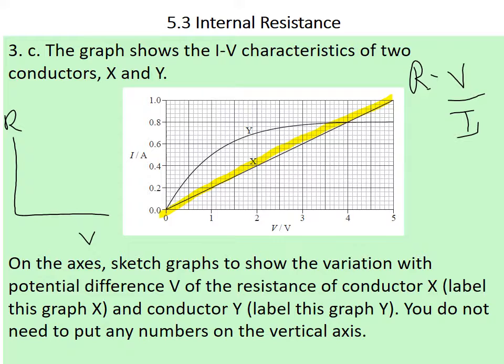Now for Y, things are a little different, because in the Y graph, we have the current much, much higher initially than the X graph. So this means that if the current is really, really high, then initially Y has a lower resistance.